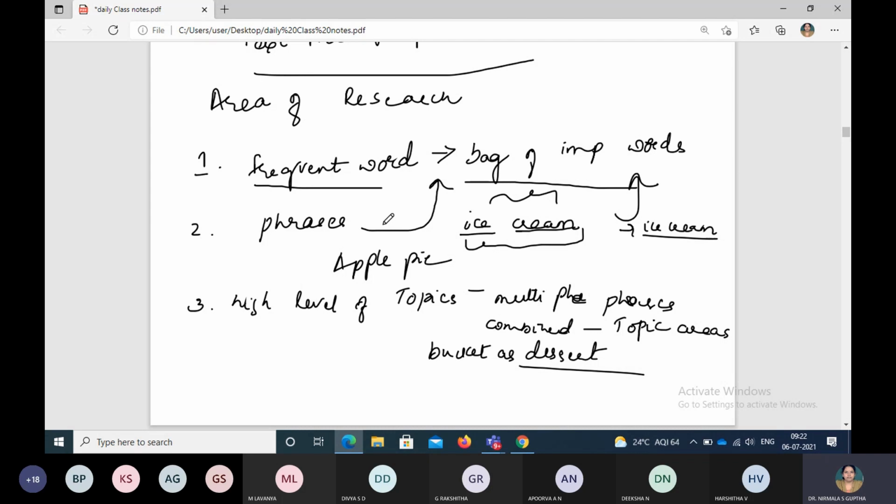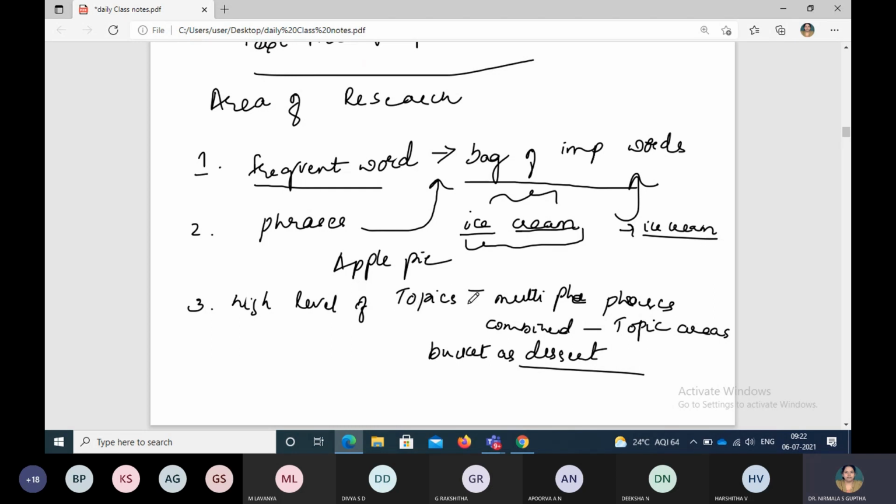Then we considered the second level of analysis, identifying the meaningful phrases from the words we gathered in the first step. Then phrases can be combined or split based upon the context and the meaningful phrase we are trying to use. I took the example of ice cream and combined it as one word. There might be similar meaningful phrases, like apple pie also. The next highest level is the level of topics.